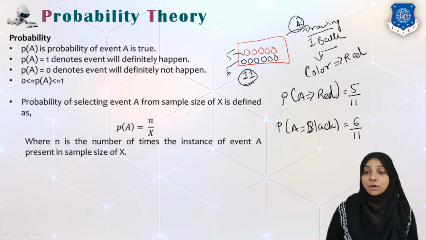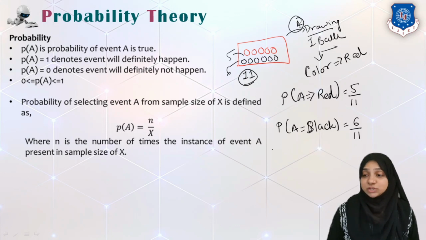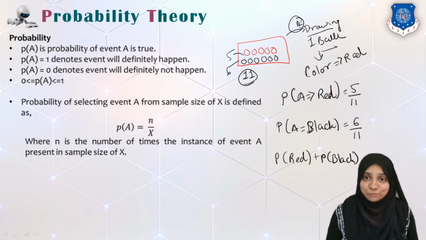So this is called n. n is nothing but the occurrence of a particular ball in the box, and X is the total number of balls in the box. That is the sample size of the given example, X. One important thing we should note here is that the probability of a ball being red plus the probability of a ball being black is always 1.